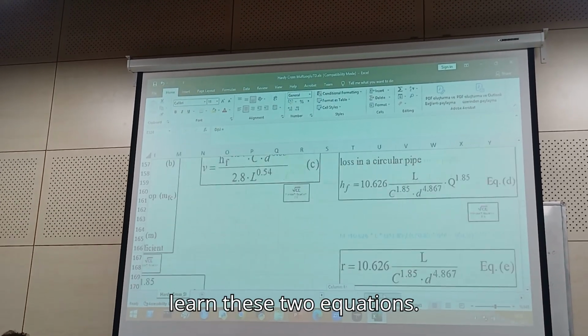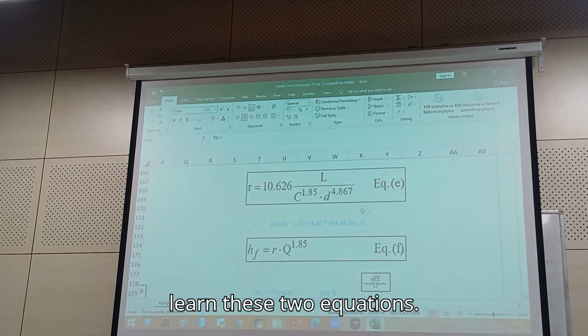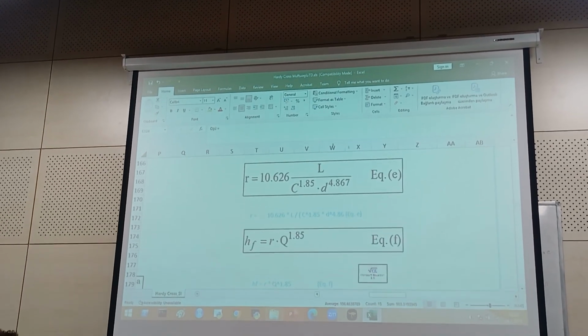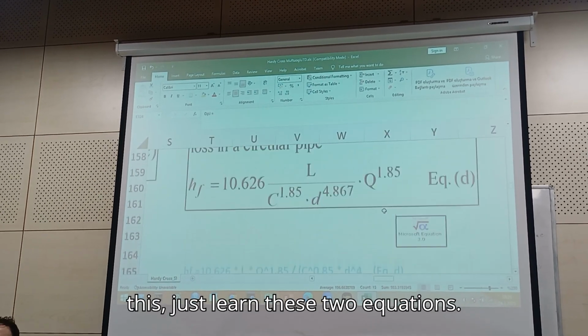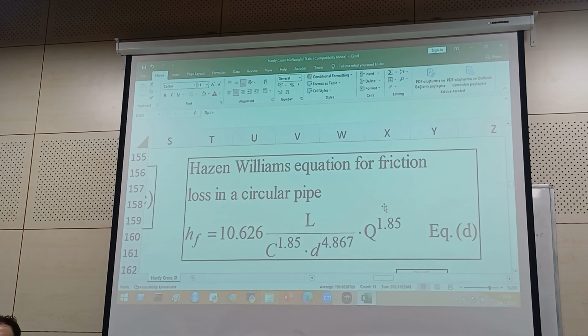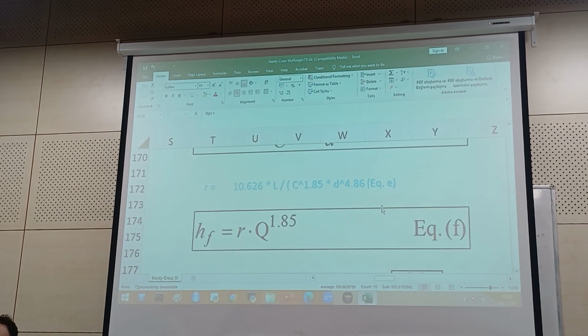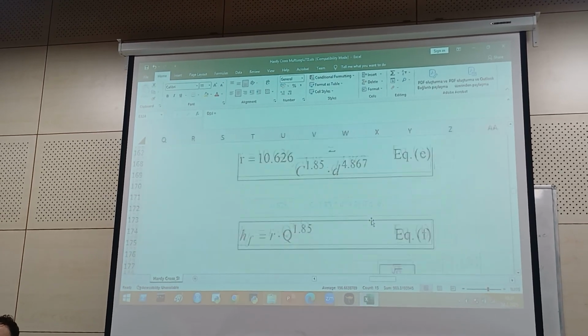Look, just learn these two equations. If you want, I can do this. Just learn these two equations. Don't memorize, learn.